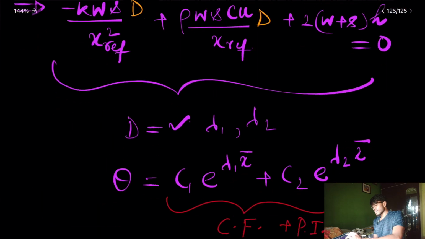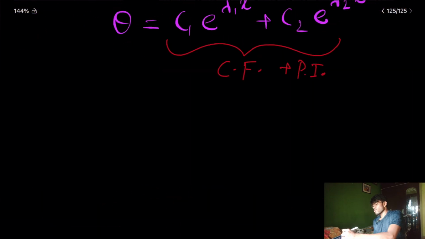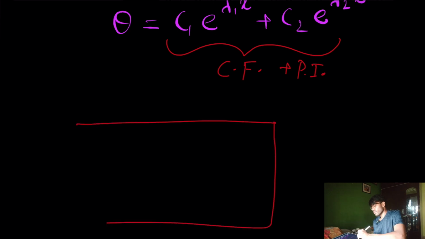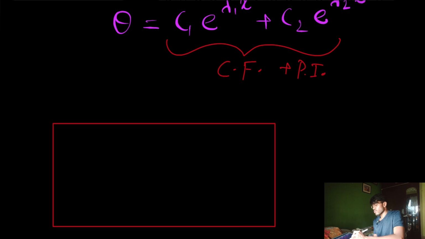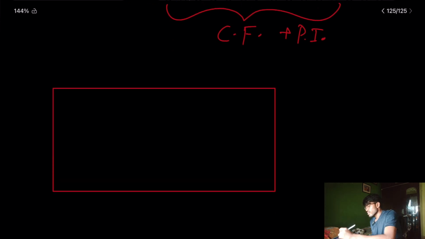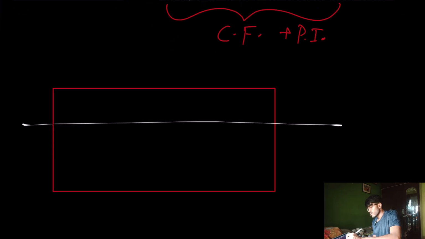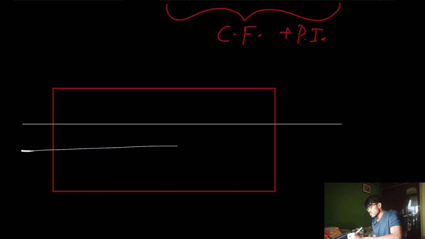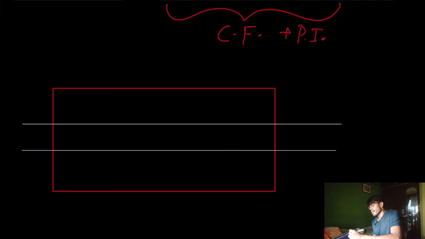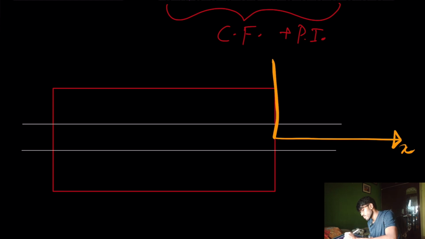So now again, just let me draw the furnace first. And this is my metal plate here, and according to the problem, this is x and this is y, this is my origin.